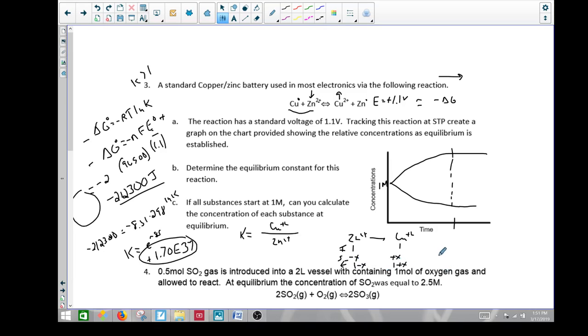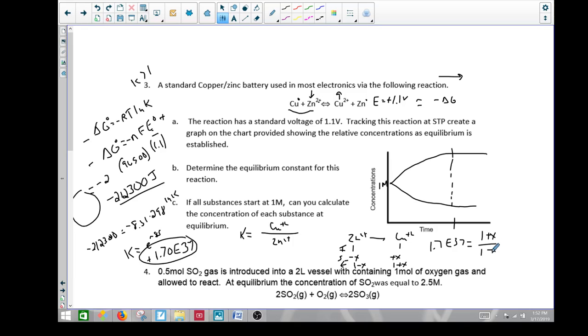All right, so my K value, 1.7 e to the 37th, equals 1 plus x over 1 minus x.